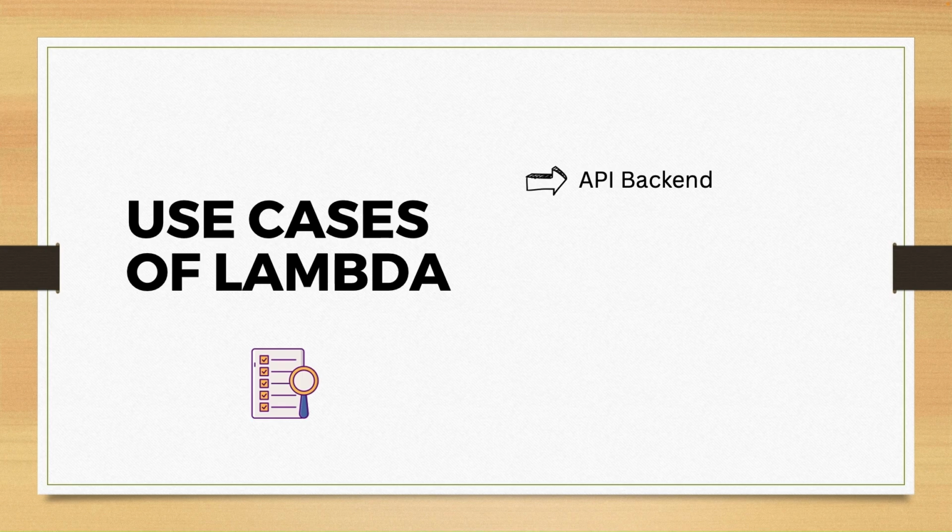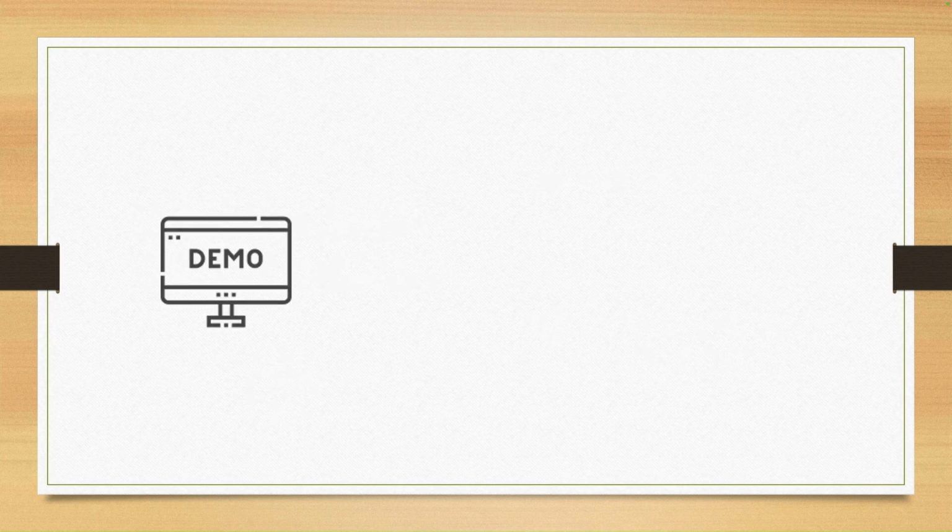This approach provides a scalable and cost-effective solution for handling API requests. Lambda functions can validate and enrich incoming data, ensuring that only clean and enriched data enters your database or data warehouses.